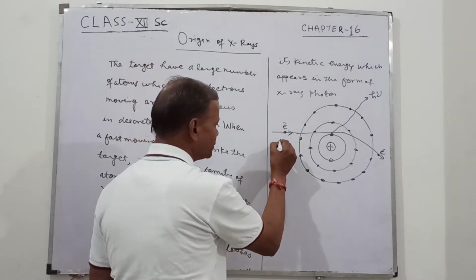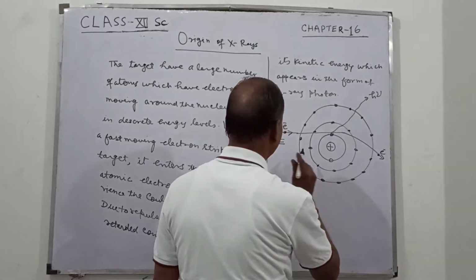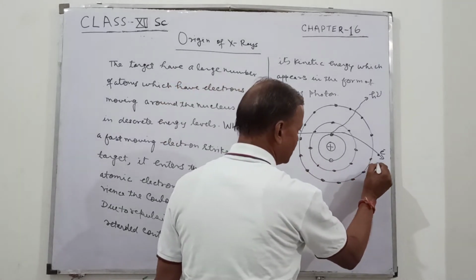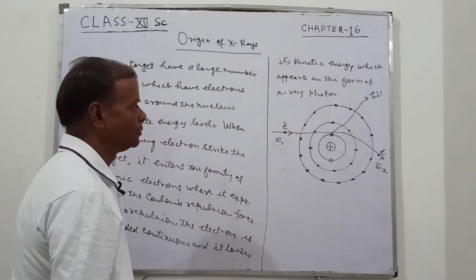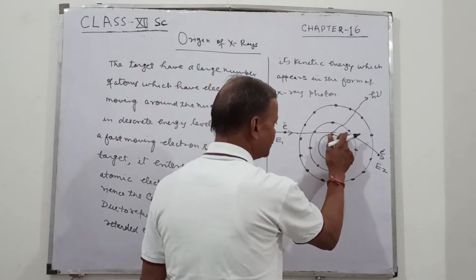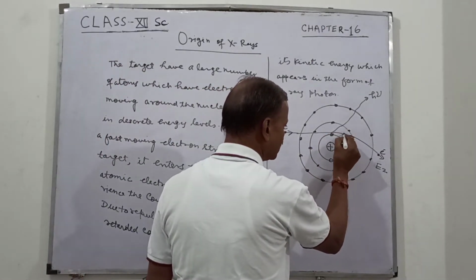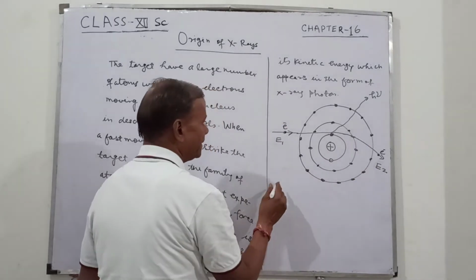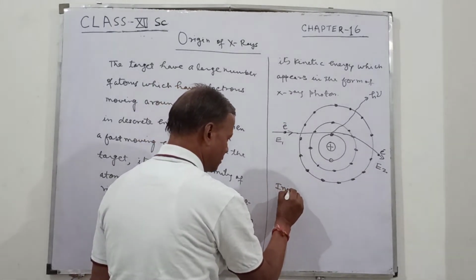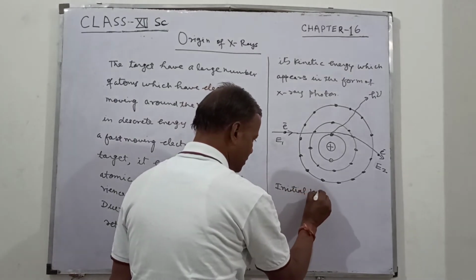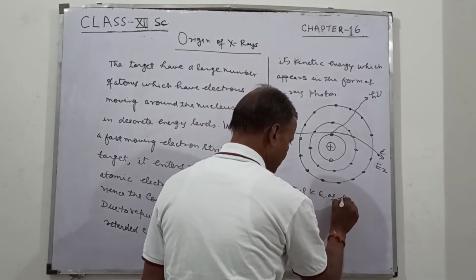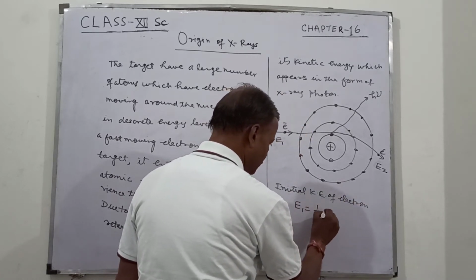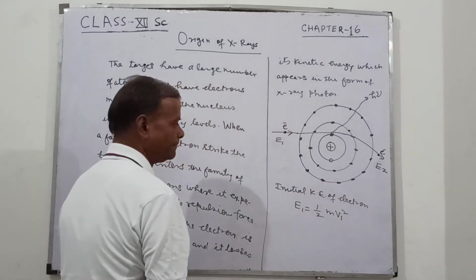Now this energy is supposed to be E, here the energy E1, and this is energy E2. So the initial kinetic energy of the electron E1 is equal to half m v1 square.